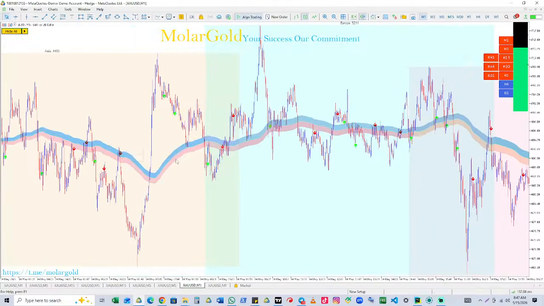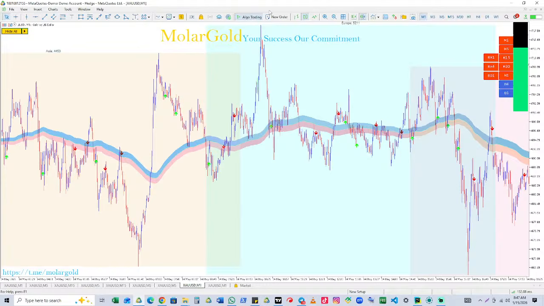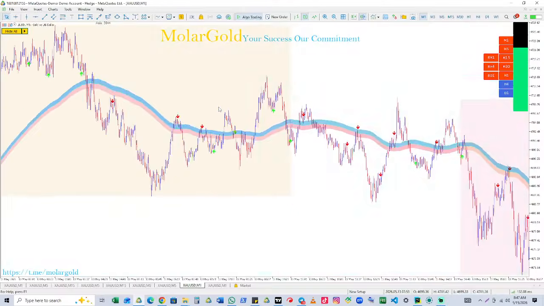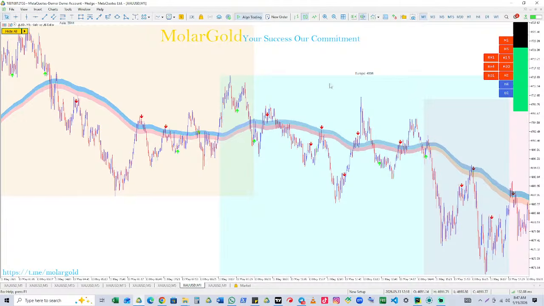If this is London, you see, this trade actually appeared exactly at London opening. And then the trade happened, pack, and it went up. Let's find another one. London. So exactly at London open, you get your trade.